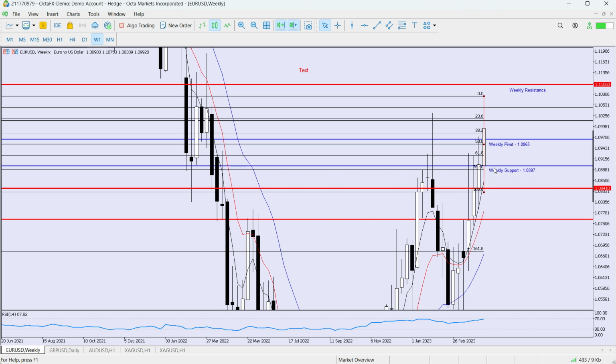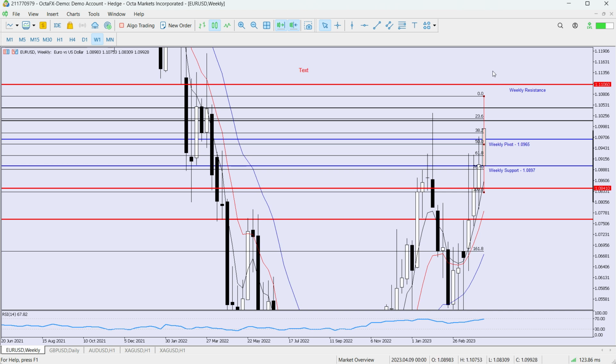Why I'm saying it will come here is there is a reason. When we go to the daily chart, we can see it will come around this area. So this is the weekly support 1.0897, and this is the weekly pivot. After crossing this weekly pivot, it will go around 200 to 300 pips higher than this.